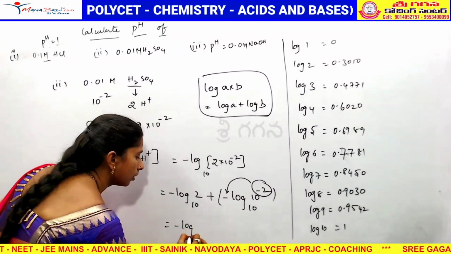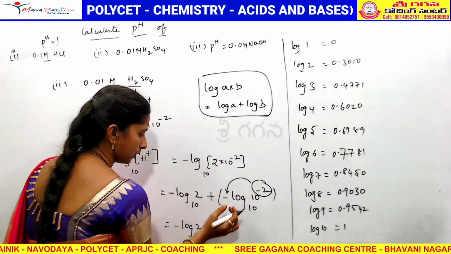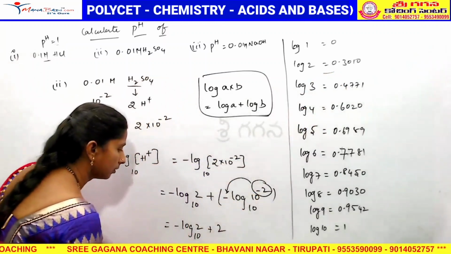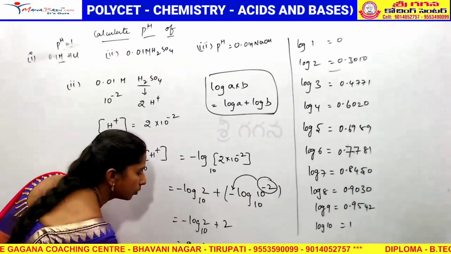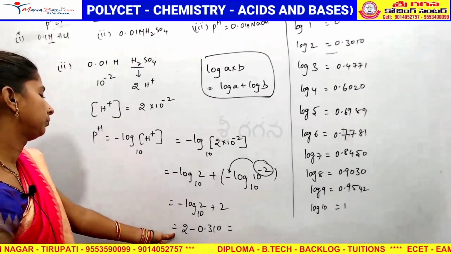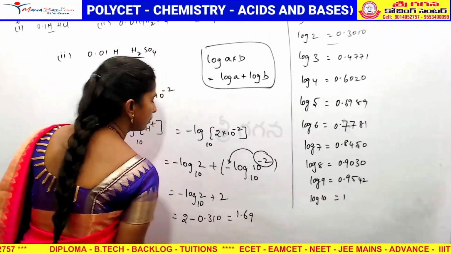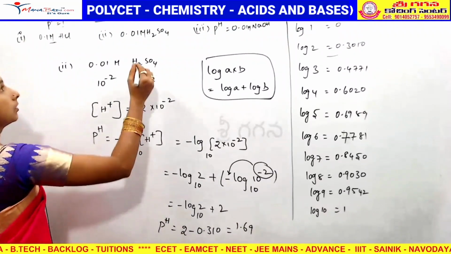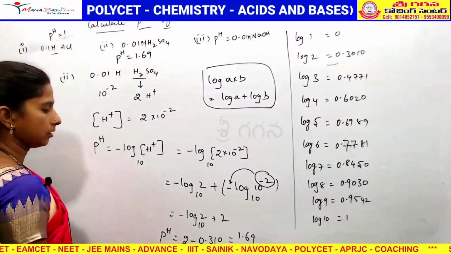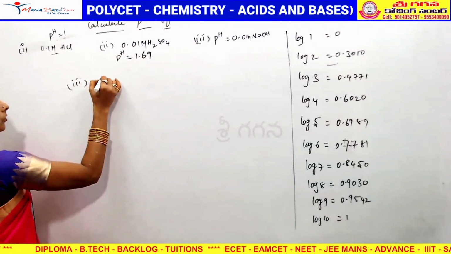So minus log 2 base 10 as usual, and minus of minus is plus, so plus 2. Log 2 base 10 value is 0.3010, so 2 minus 0.3010, we will get 1.69. pH value is equal to 1.69. Is it clear?